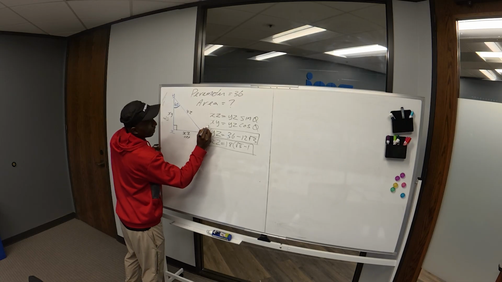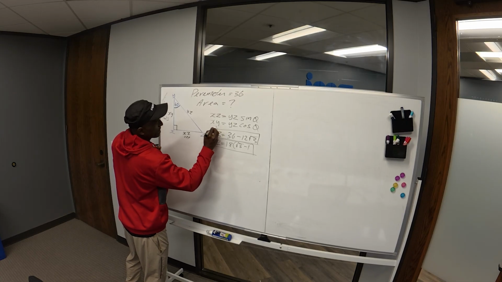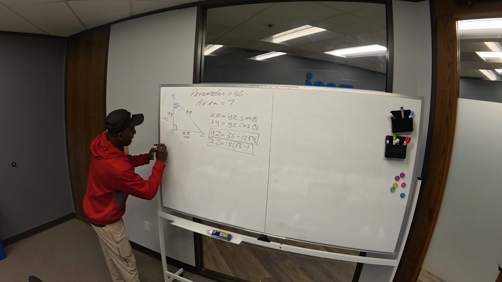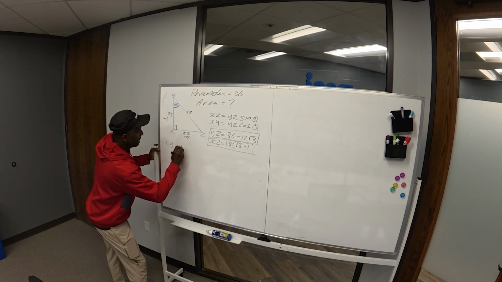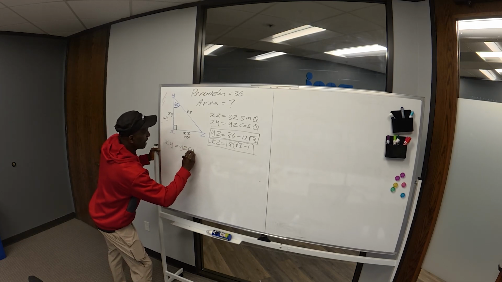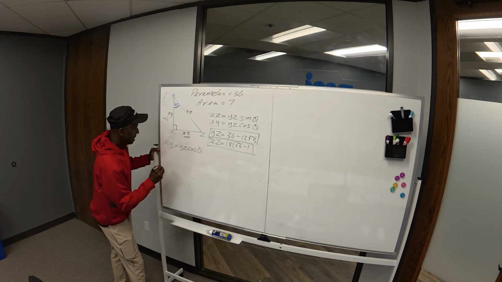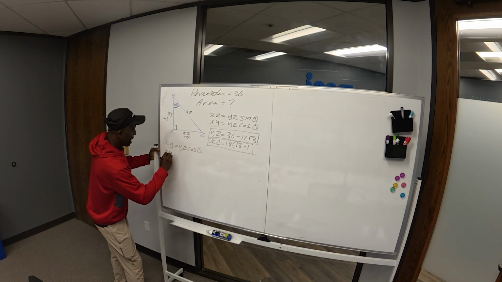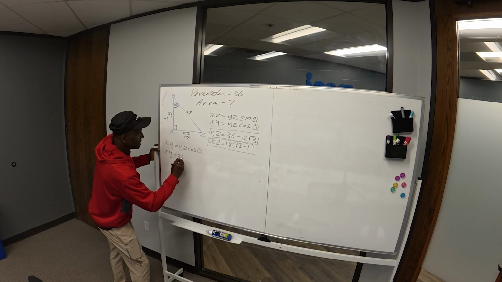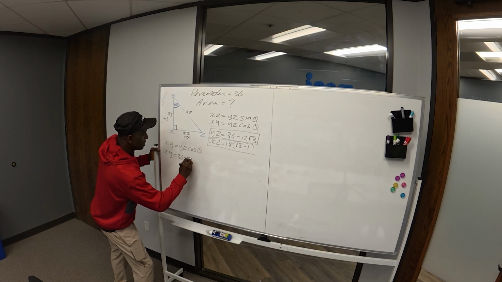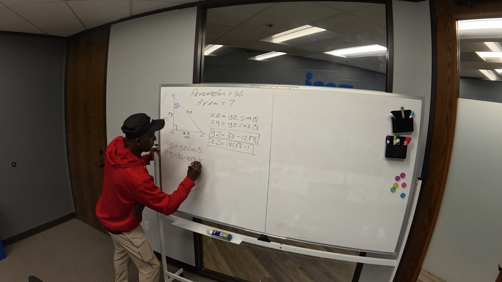Let's try to find now XY, where XY is equal to YZ cosine of theta. Then XY is equal to 36 minus 12 square root of 3, all outside of a half.